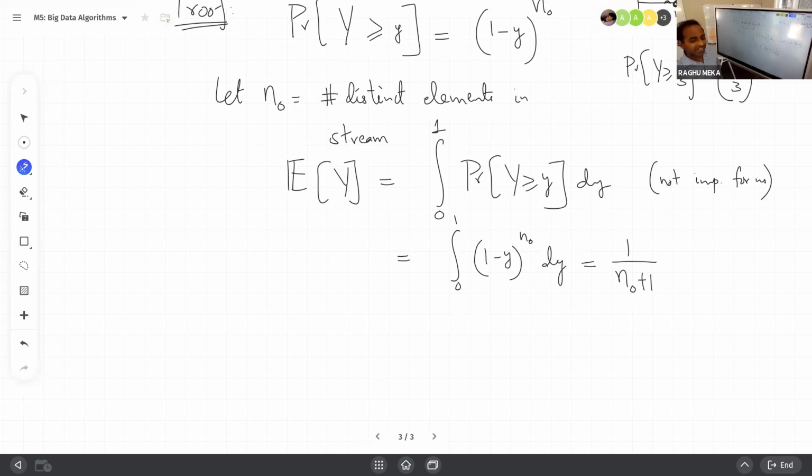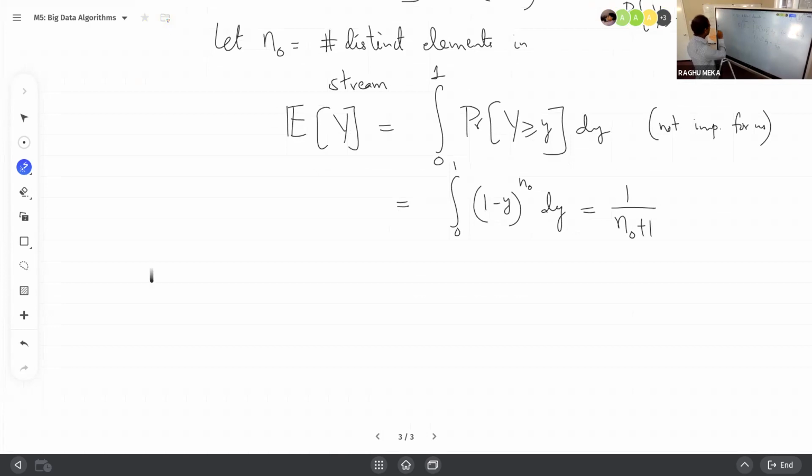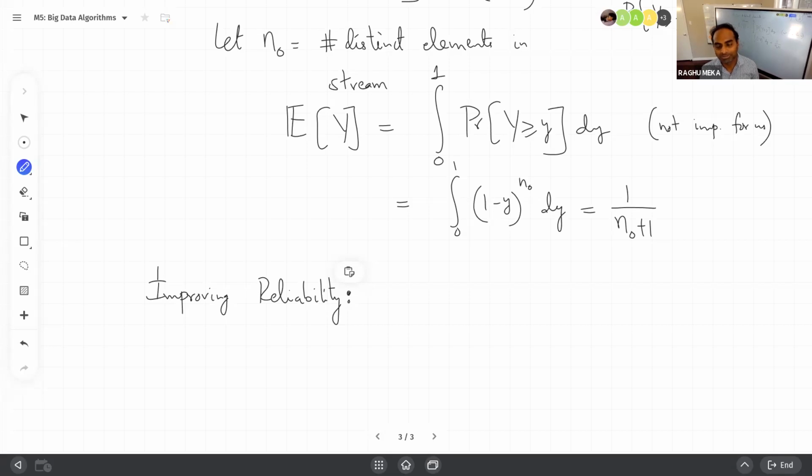And to get a better handle on the estimator, what you really need to do is, once again, just as before, how can I improve the reliability? Well, I can take independent copies, right? That's my standard trick. So let's do that.